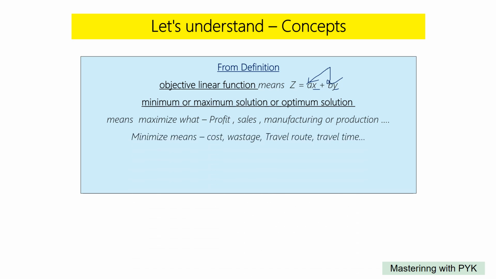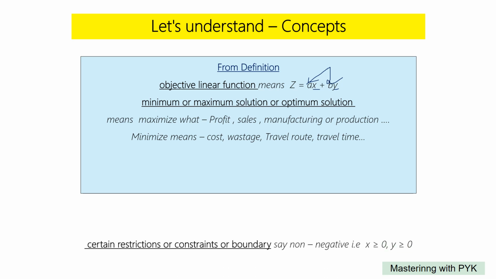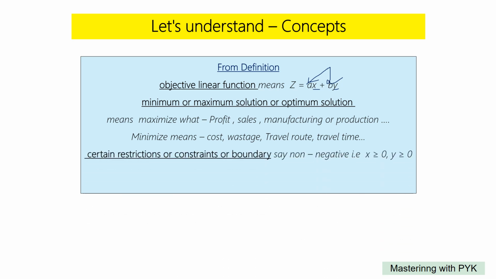Simultaneously, we need to minimize other things, like the cost of production, or the wastage of material while producing something. We also need to minimize the travel route, like your Google Maps, route maps and travel time. That is the optimum solution.